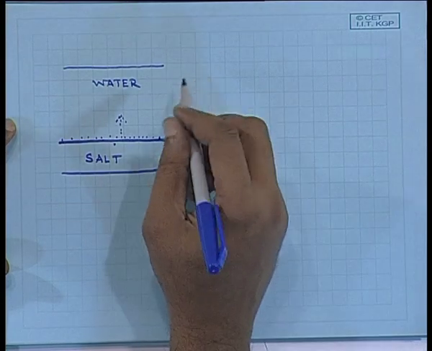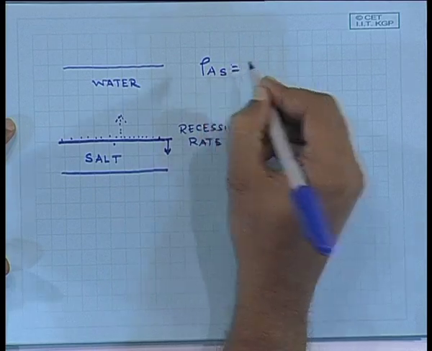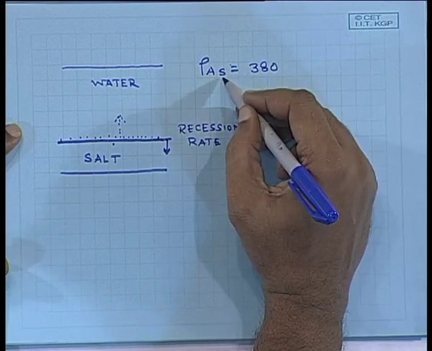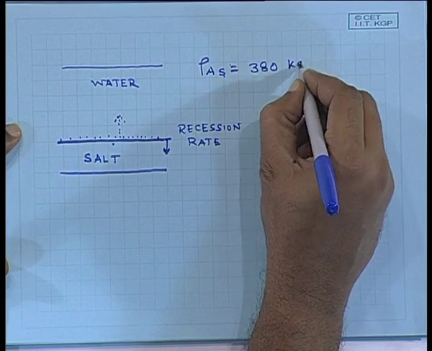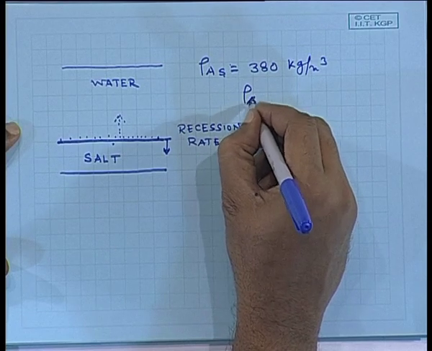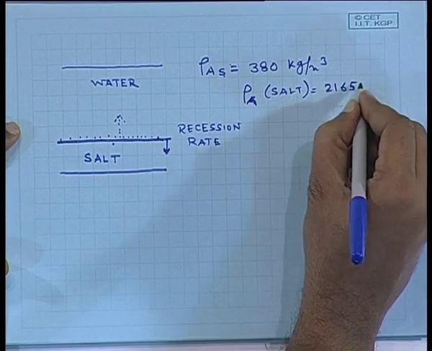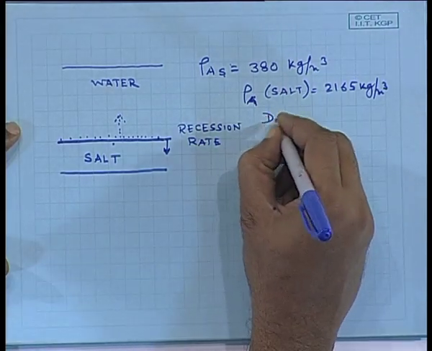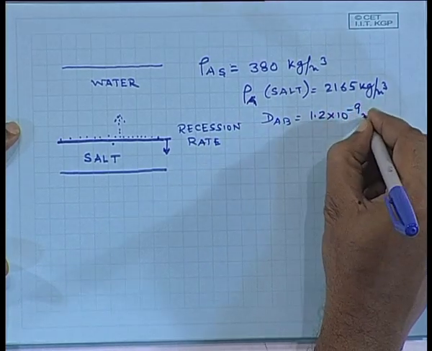Certain parameters are required. The solubility of salt in water is 380 kg per meter cube. The solid salt has a density equal to 2165 kg per meter cube, and DAB is given as 1.2 into 10 to the power minus 9 meter square per second.